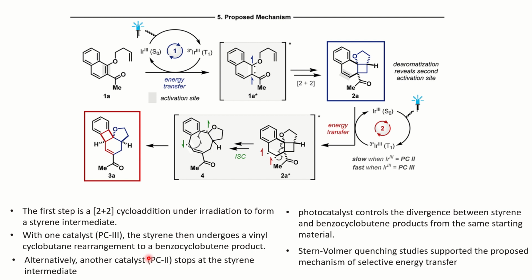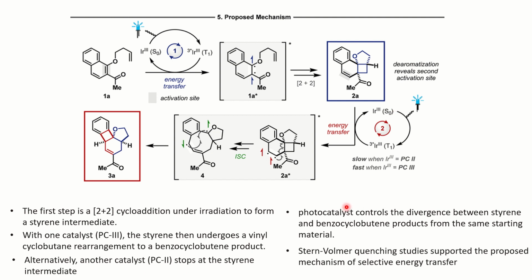Right, so what is written here is that with one catalyst the styrene undergoes a vinyl cyclization. So that means, if you're using PC3, then this sort of product is again participating in the reaction and giving you this sort of final product. But if you have PC2, then the reaction doesn't go forward, it stops at this point.